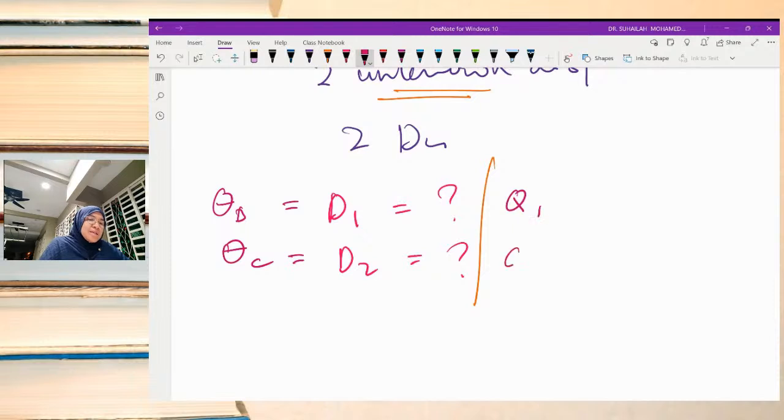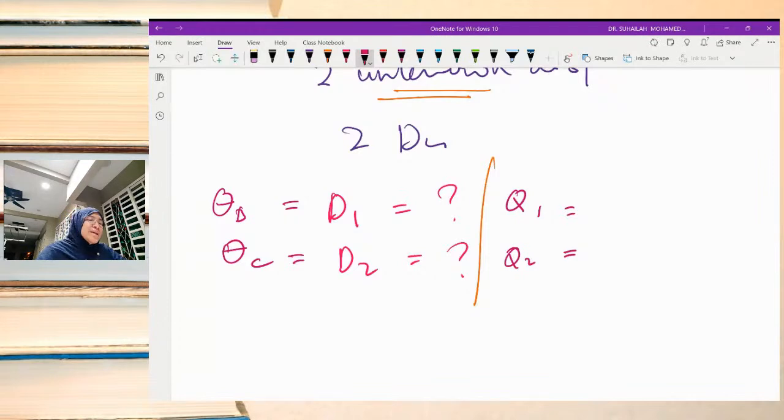Q1 and Q2, we have to put values because it is unknown versus known. If D is unknown, Q must be known.